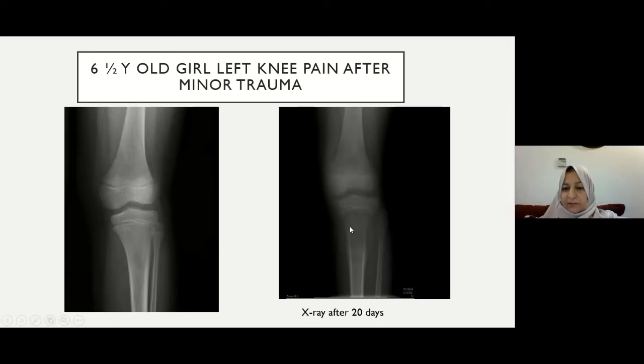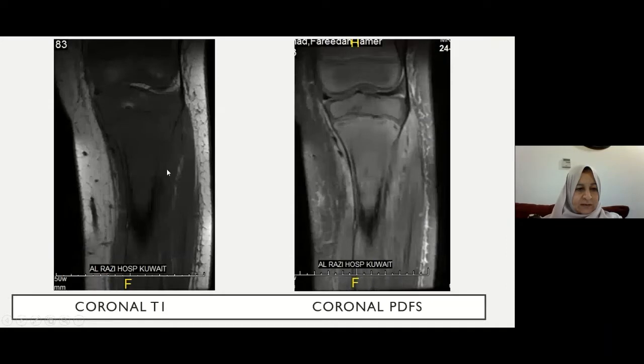It can be Brodie abscess osteomyelitis. However, you don't have soft tissue swelling, and if you look carefully here, you can see circumferential periosteal reaction. This is not the case of osteomyelitis. Again, we'll see what the MRI will tell us.